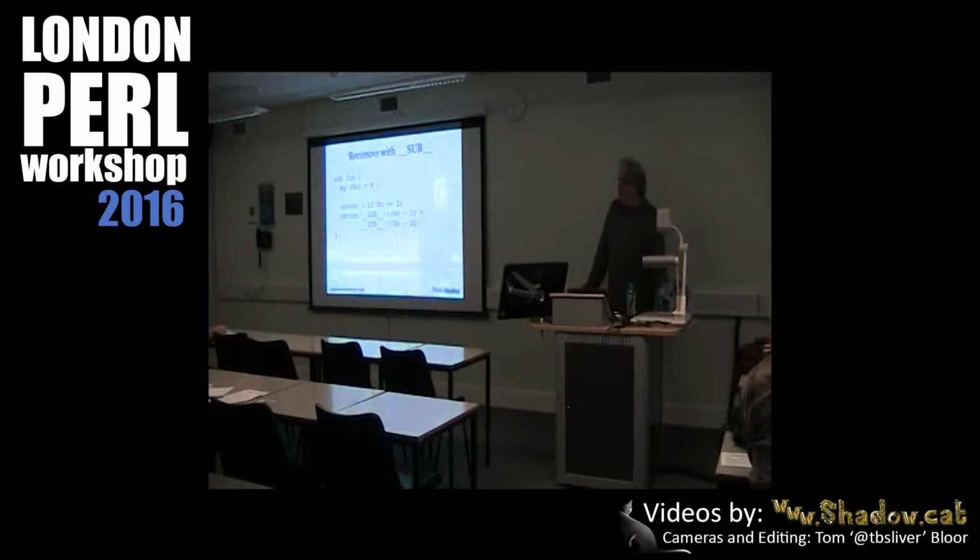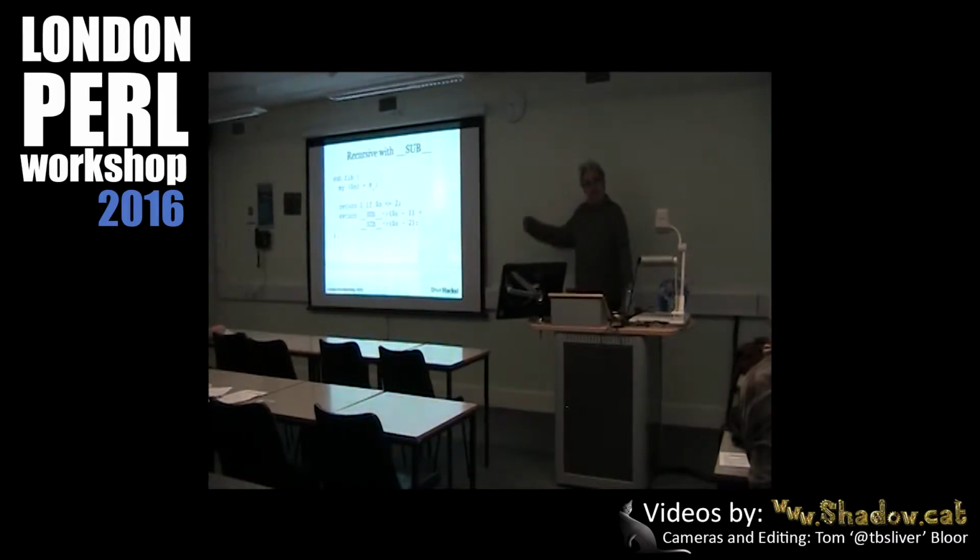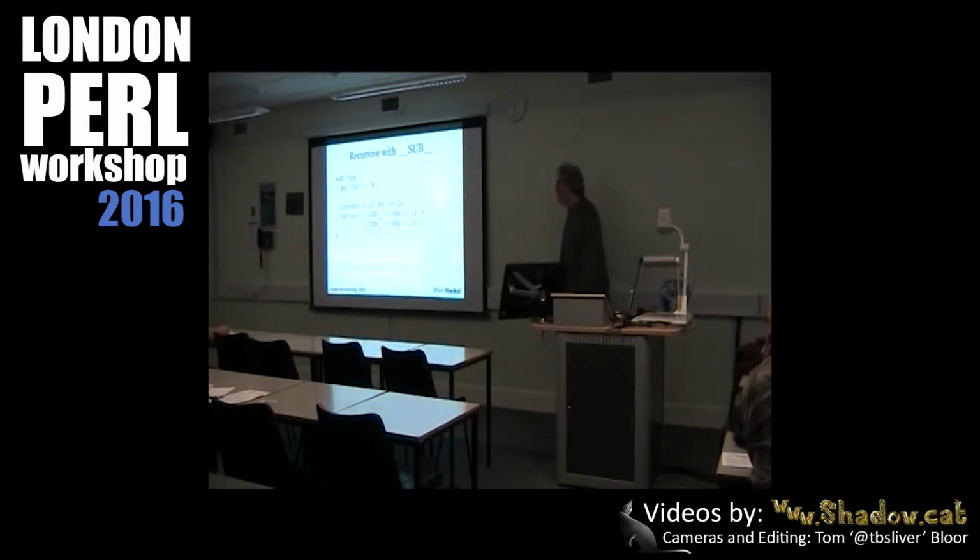Clear? Has anyone come across this and used it yet? A couple of people. In unnamed subroutines. Oh yes, of course. Yeah, it's a lifesaver. That's pretty much the only way to call an unnamed subroutine.